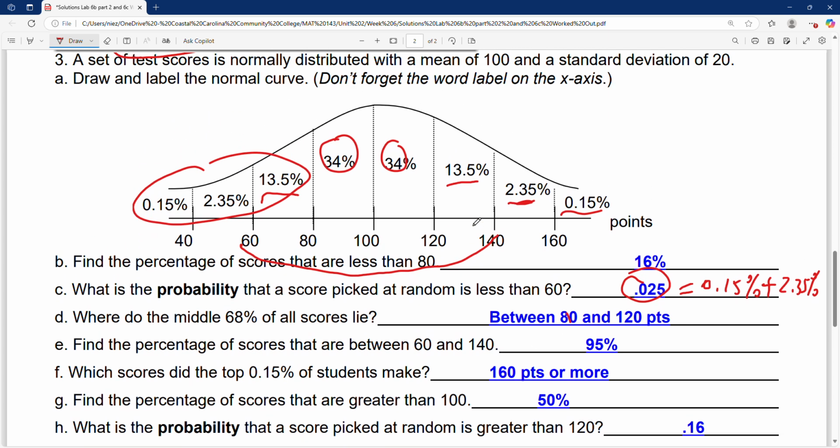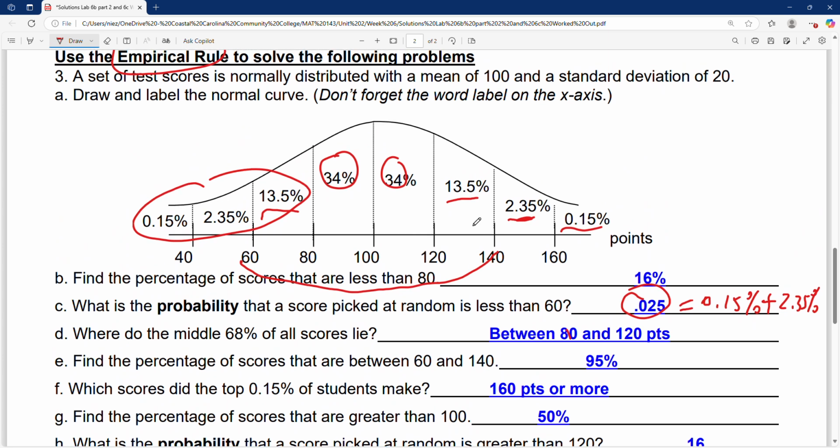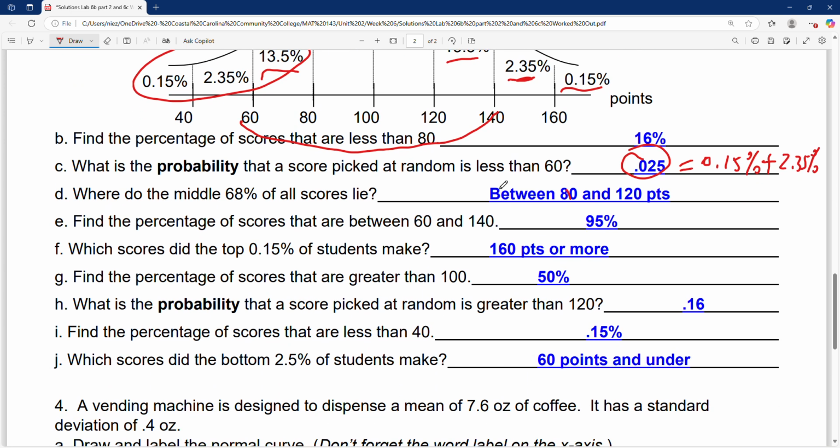Within 1 standard deviation is 68%. Remember, 68% and 95%, and within 3 standard deviations is 99.7%. Remember that.